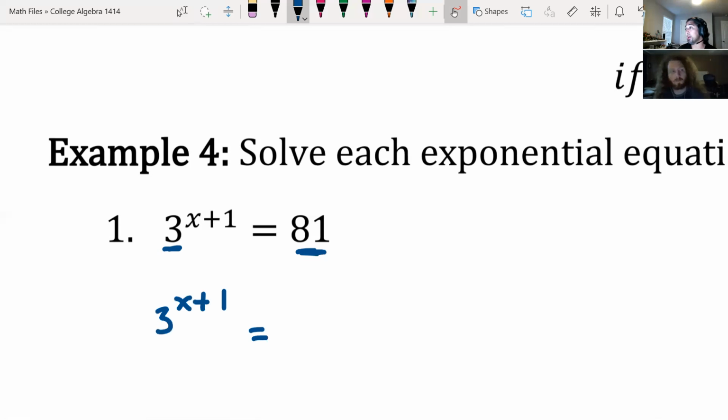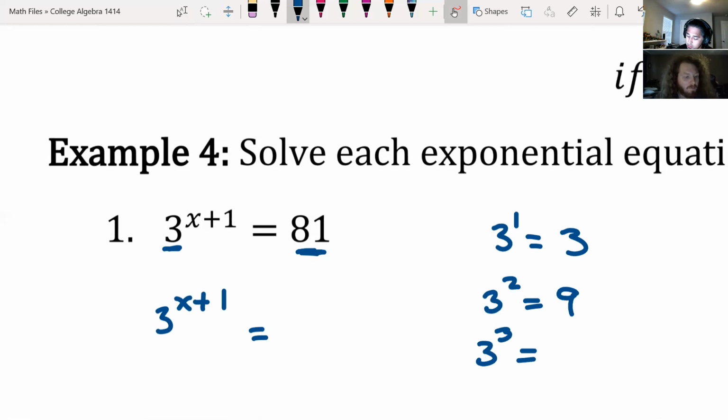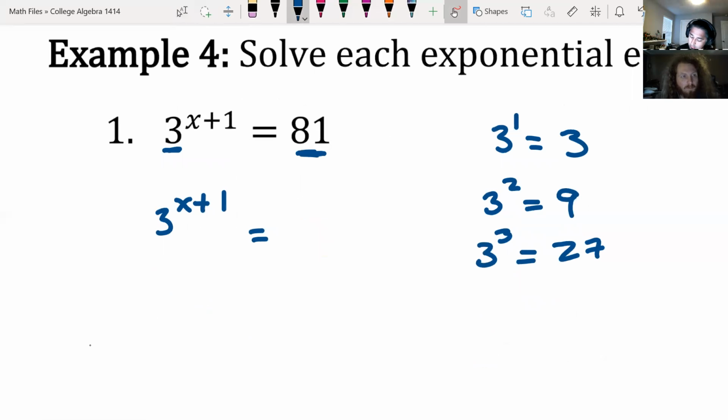If you don't know how to do that, then think of your powers of 3. 3 to the first is 3. 3 to the second is 9. 3 cubed is 27. And what is 3 to the fourth? 81. Good. So it's possible to make 81 into a base of 3.